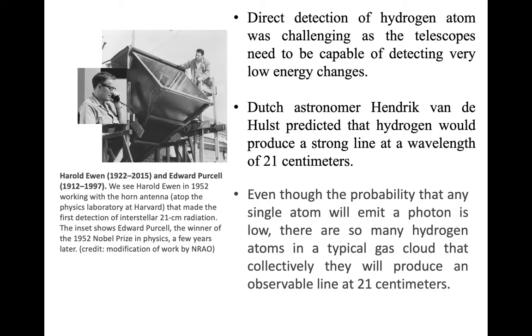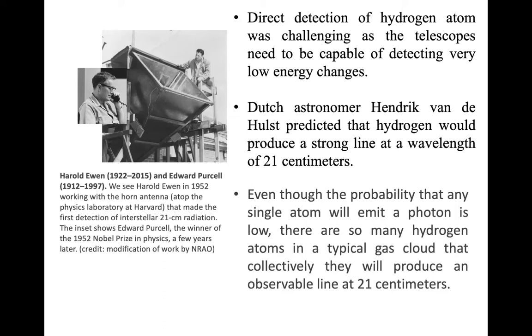Now, this Dutch astronomer called Hendrik van de Hulst is the one who predicted that hydrogen would produce a strong line at a wavelength of 21 centimeters, according to the theory that I explained earlier. However, the probability that a single atom will emit a photon is very low, right? If you consider one particular atom. But as I have explained throughout these lectures, there is so much hydrogen in interstellar matter.